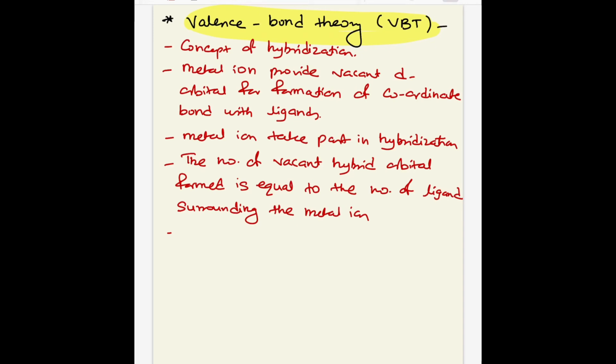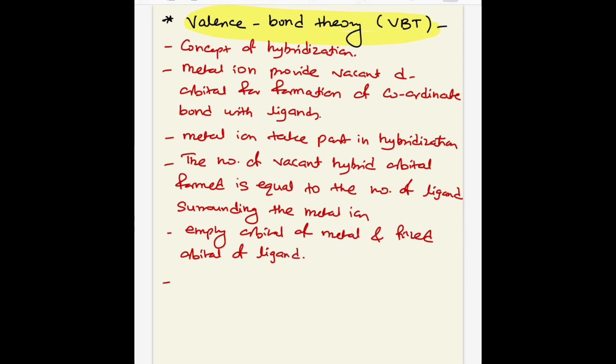A coordinate bond is always formed between the empty orbital of the metal and the filled orbital of the ligand.